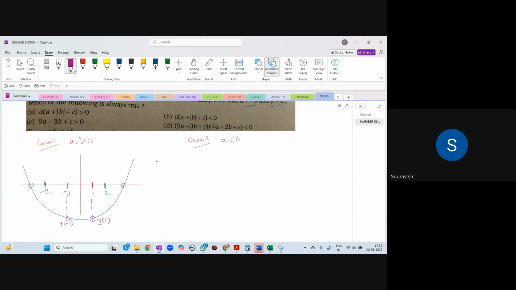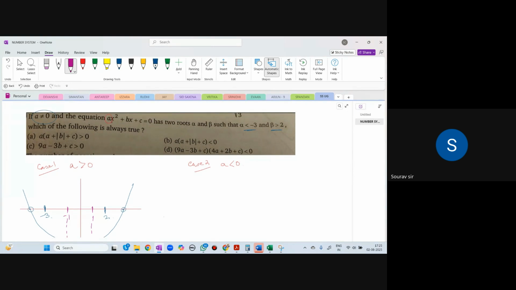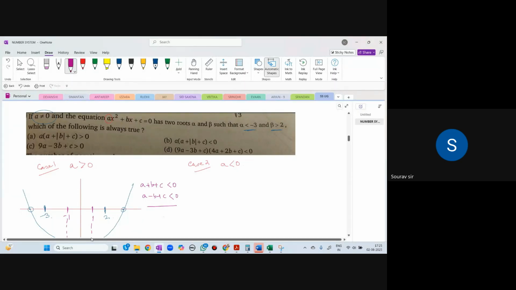If I put x equal to +1 and -1 in the quadratic, I get a plus b plus c and a minus b plus c. Both are negative from the diagram. That means I can say a plus mod b plus c is negative.